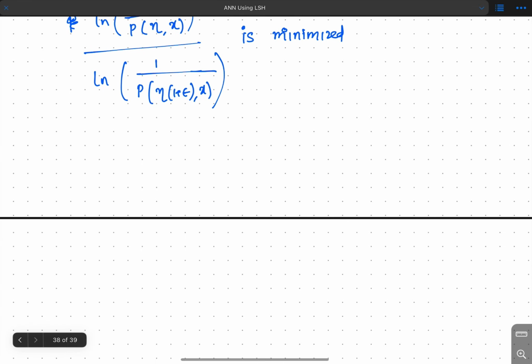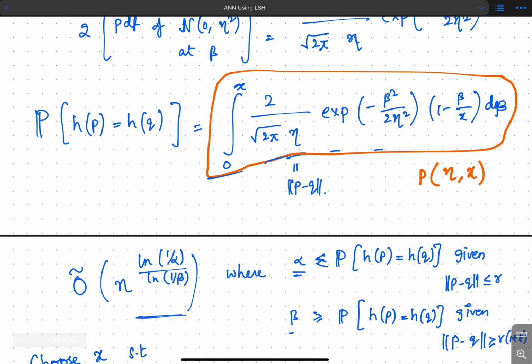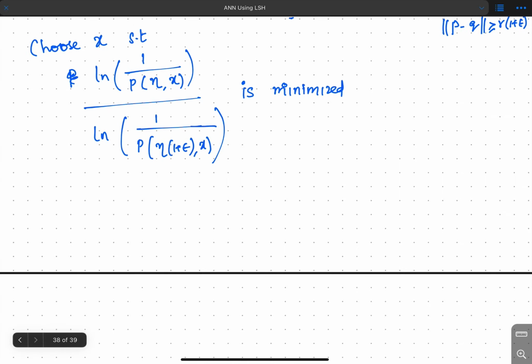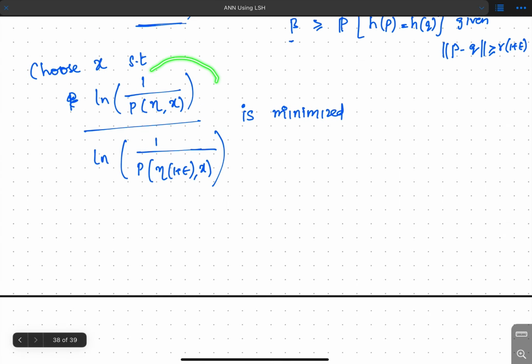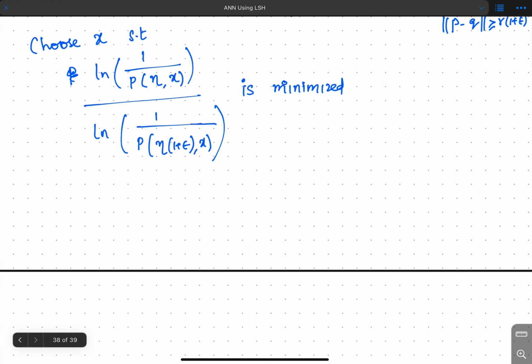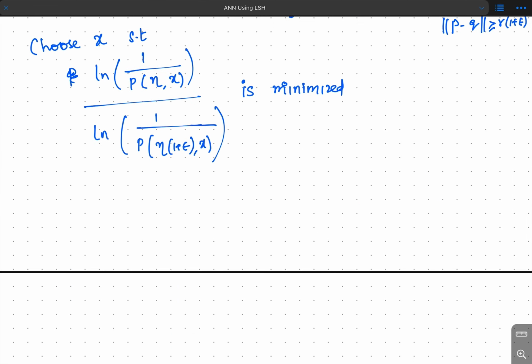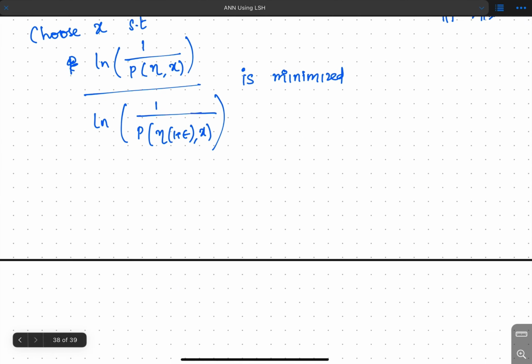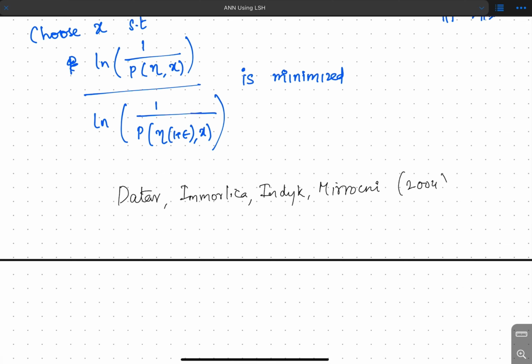But it turns out that this integral itself is a very notorious integral. It's not very easy to compute, and this ratio is also not very easy to compute. This scheme of LSH for Euclidean metric was given by these authors, Datar, Immorlica, Indyk and Mirrokni, in 2004.